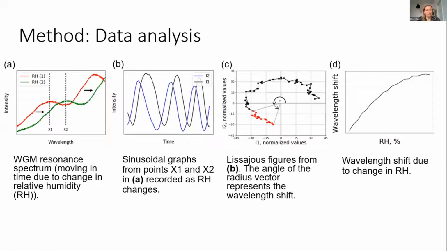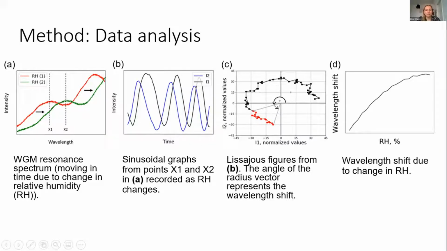And we have also developed a data analysis method that is quite original for this kind of sensors. This is what you see on an oscilloscope screen in time, how the modes are shifting. At these 2 points on the red curve, x1 and x2, we collect data in time, and that creates these two sine graphs that have a phase difference of around 90 degrees.